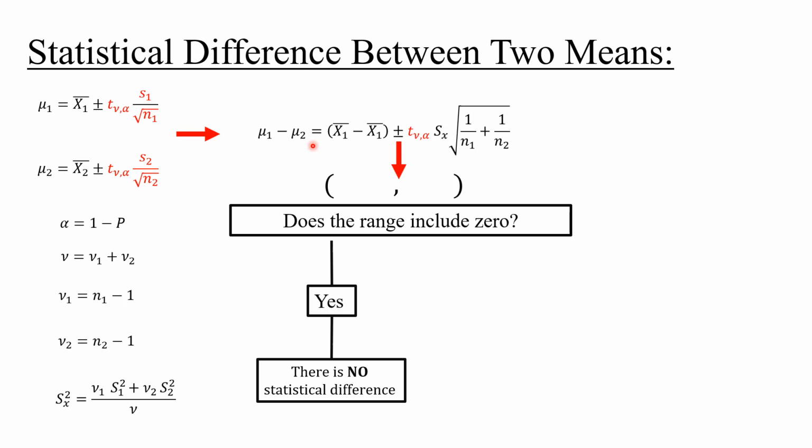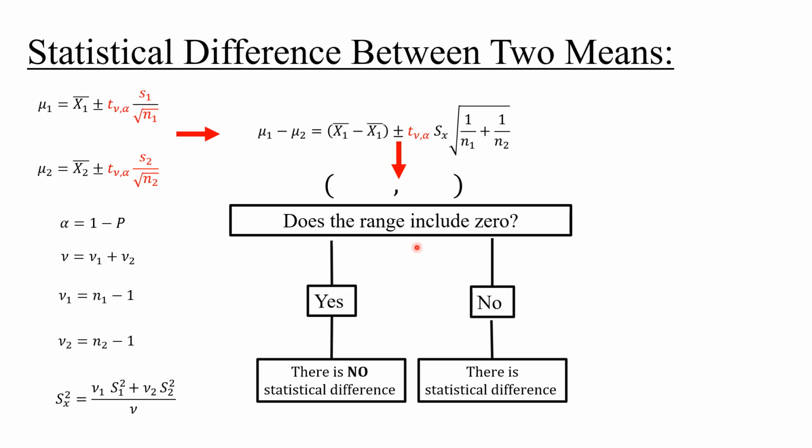If mu1 minus mu2 would be 0, that means that mu1 is equal to mu2. So there is no statistical difference. But if the range does not include 0, that means that regardless of what value we choose, it's going to be a non-zero value. So mu1 minus mu2 would not be 0. So there is a statistical difference.